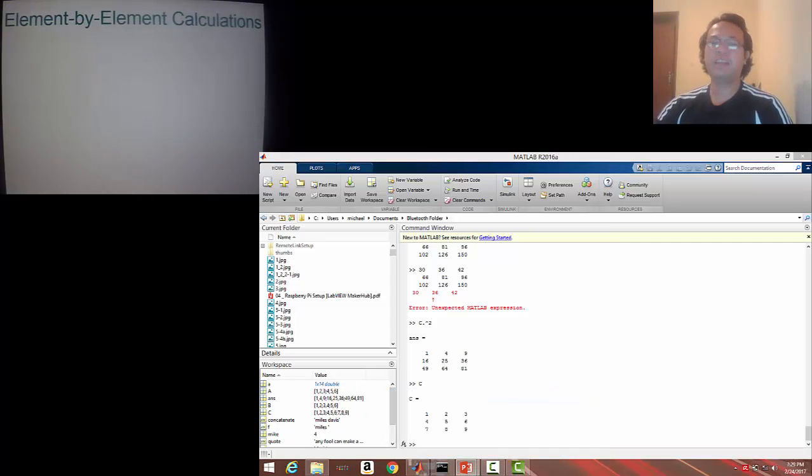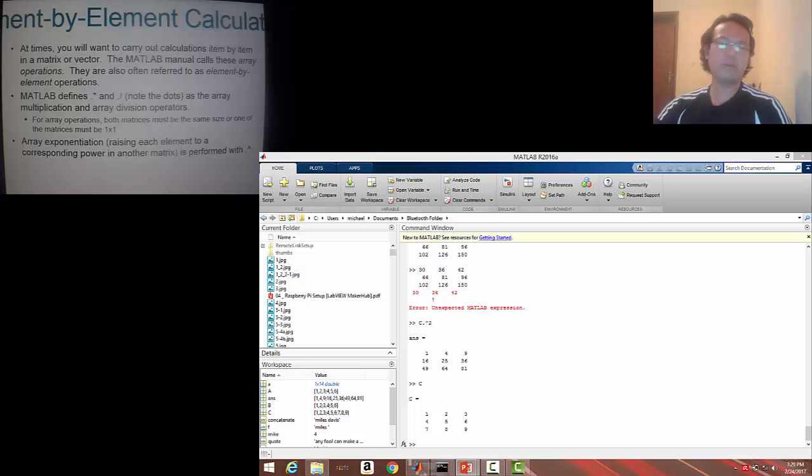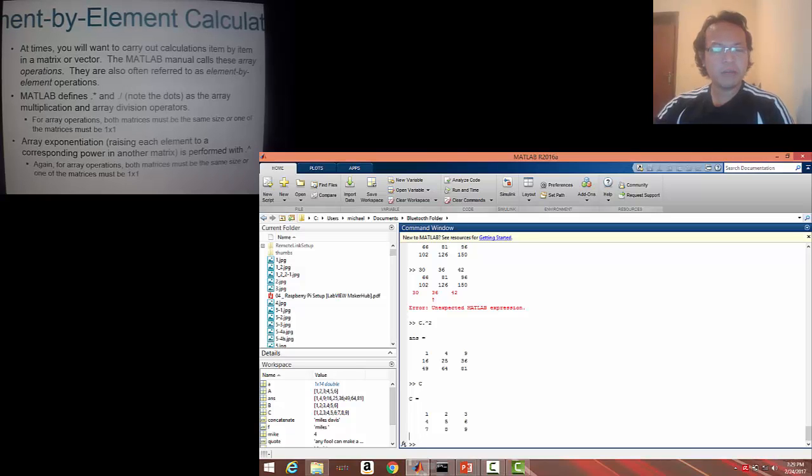Okay, I told you in the next slide. So element by element calculations, I explain it here. If you want to do that, you put a dot, either for multiplication or division or squaring the matrix or raising it to a power, doesn't matter. So let me write this one.